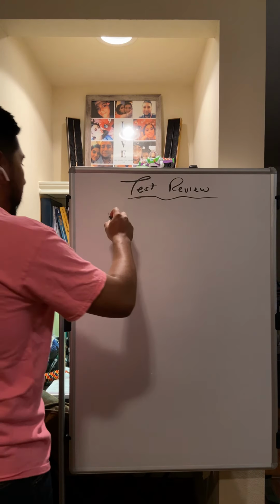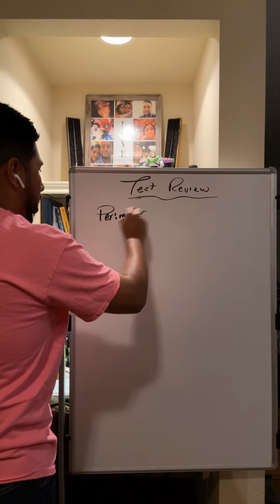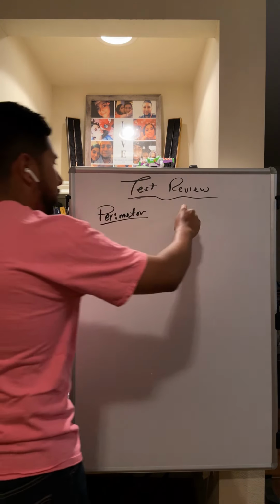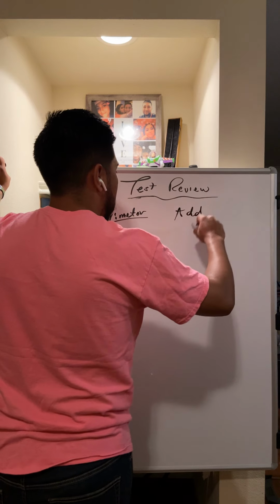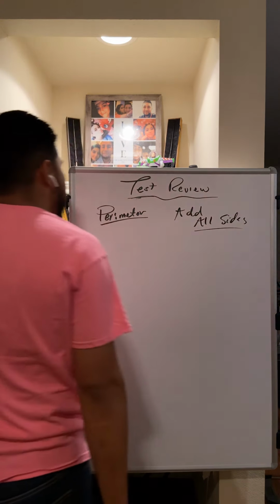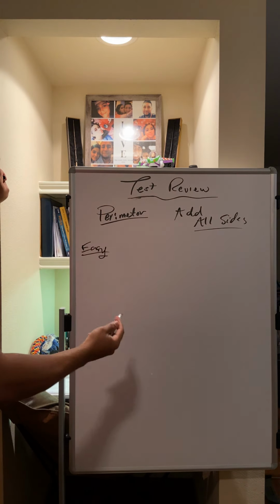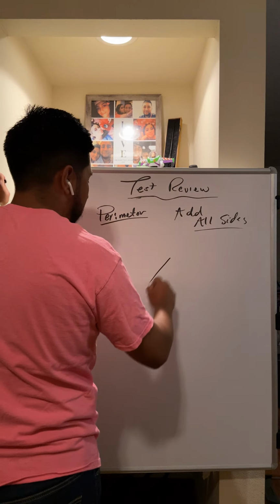Next thing I want to talk about, perimeter. Remember, perimeter is to add all sides. If I give you an easy example, not algebra, but we have a triangle.